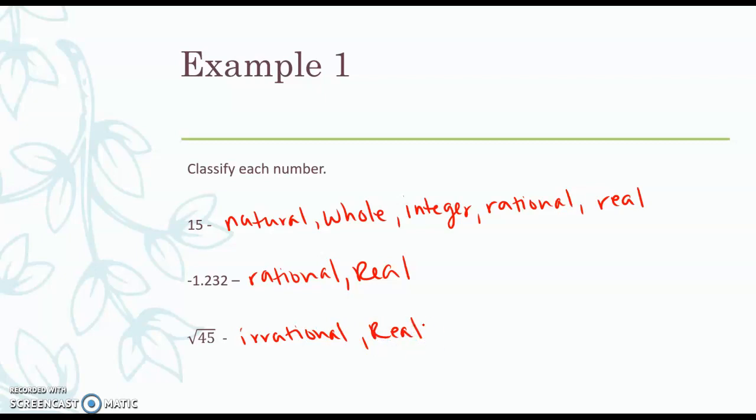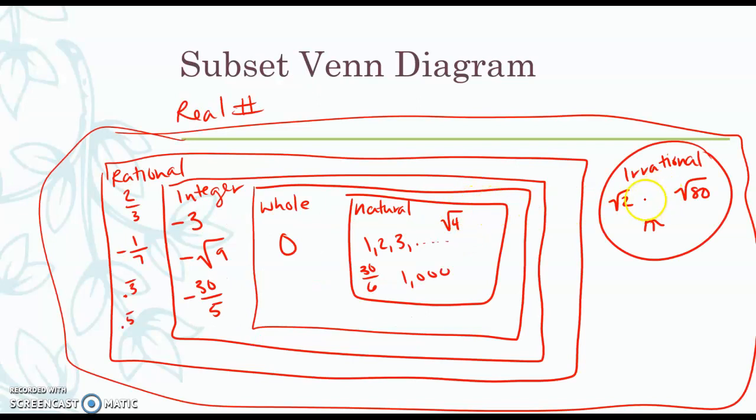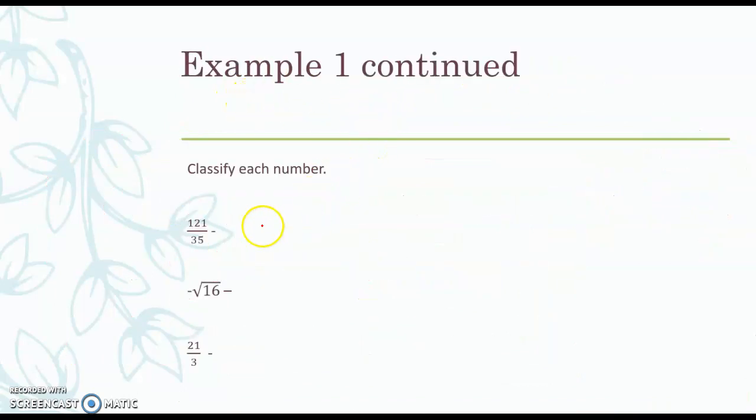So again, it is not a perfect square, so it's in the irrational circle, and irrationals are also real. All right, next one. 121 divided by 35. Well, it's a fraction, and it is not equally divisible. And so since it is a fraction, it is rational, and all rational numbers are real.